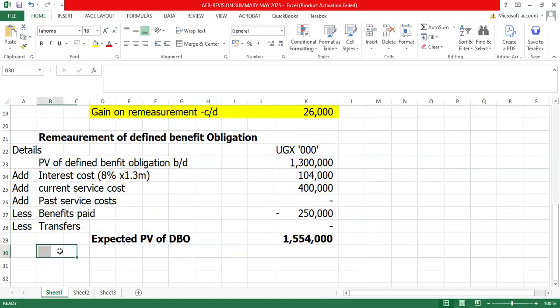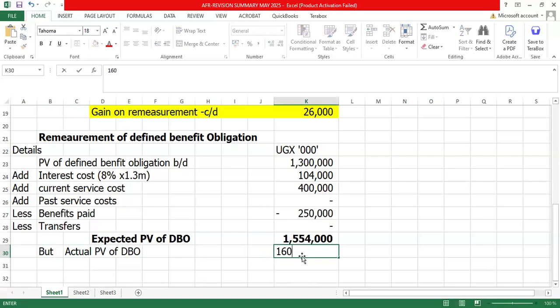Then you compare, but actual present value of defined benefit obligation is how much from the question? 1.6. Then finally, do you have a gain or a loss?